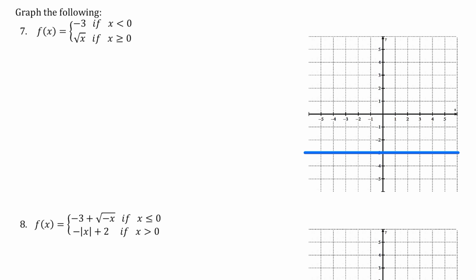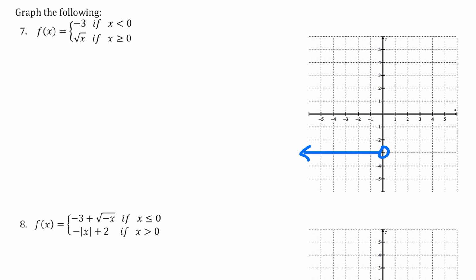However, this piecewise function only tells us our output is -3 if x is less than 0. That means that I cannot have any of this graph that's to the right of 0. So I would have an open circle here, and that's what that piece would look like.